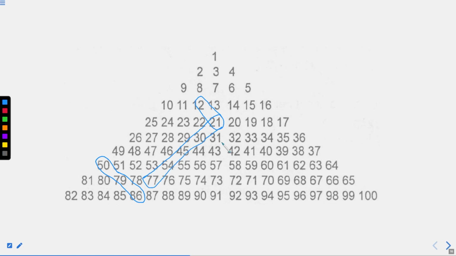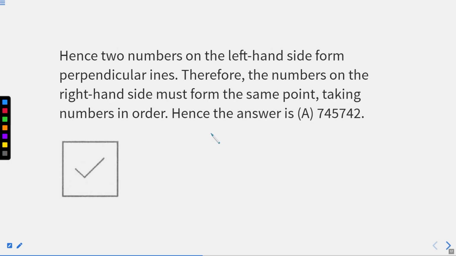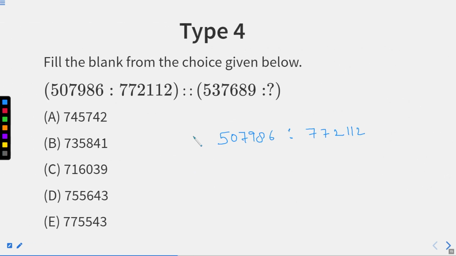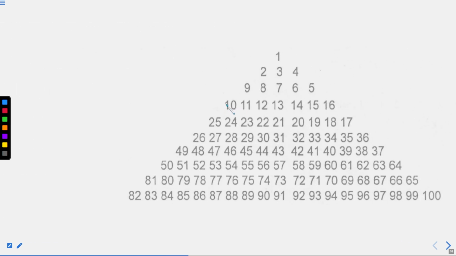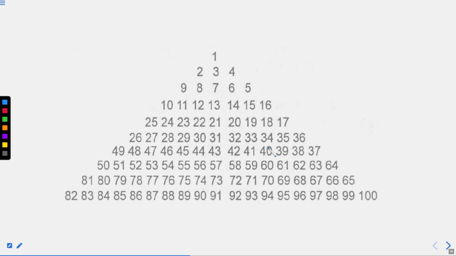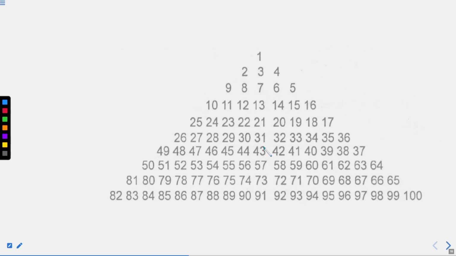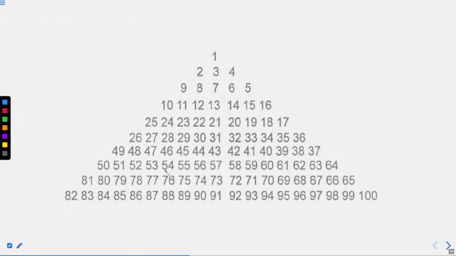What exactly is this? And if we form a reciprocal of it, what will we get? So we need to check 537689. Where is it? 537689. Again a number is here.